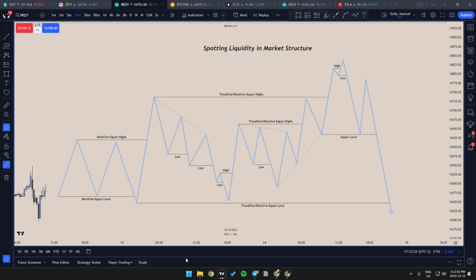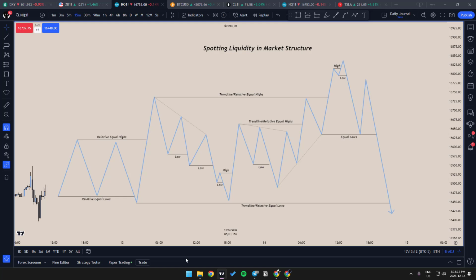I think that inducement is a cool concept though. This is something my private mentor taught me. Honestly, I don't refer to it as inducement, but really all I do is I use SMT divergence, and that's essentially inducement.